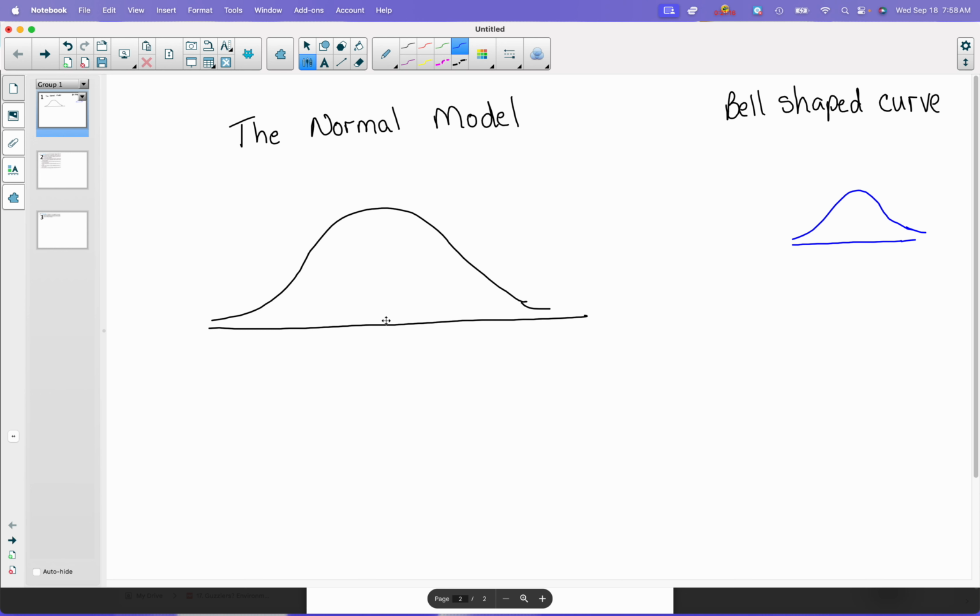So right in the center, a normal model is symmetric, and right in the center is our mean. Now I'm going to treat this as a population, so I'm going to have my mean, which, remember mu from the last video, mu is the population mean.